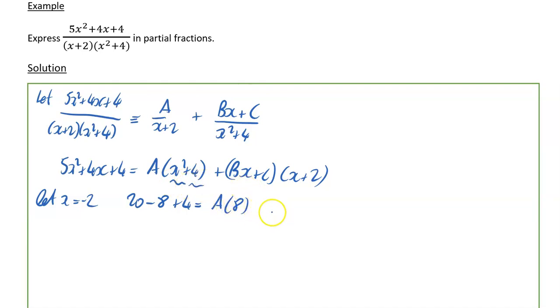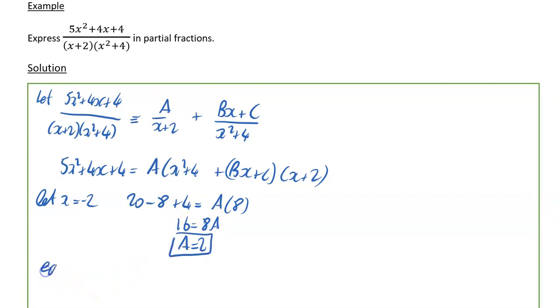And then put minus 2 into that whole bracket and it becomes 0, so it can just disappear, thankfully. So 20 minus 8 is 12, plus 4 is 16, is equal to 8A. So a wee bit of working out, your A is equal to 2.